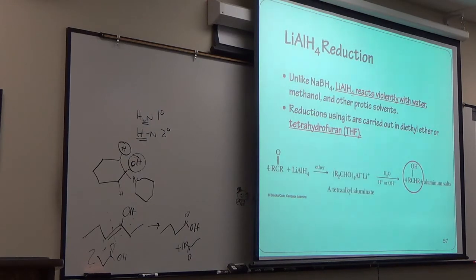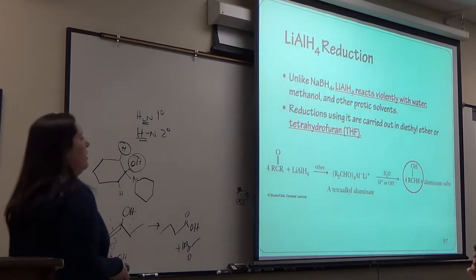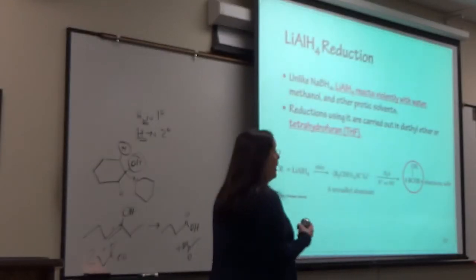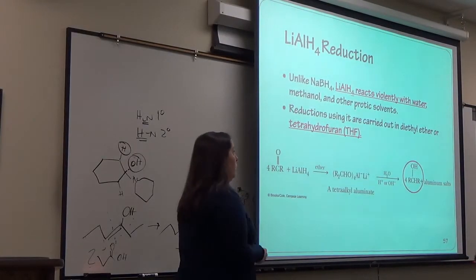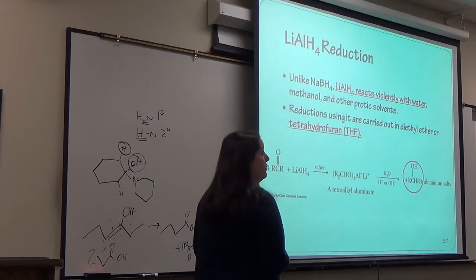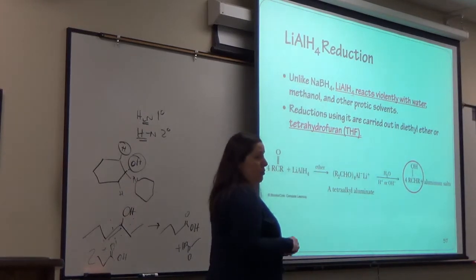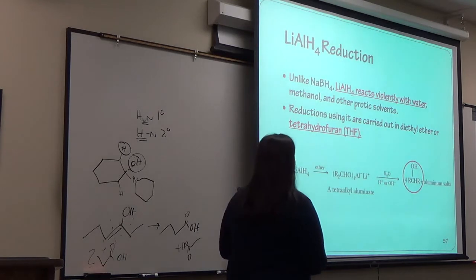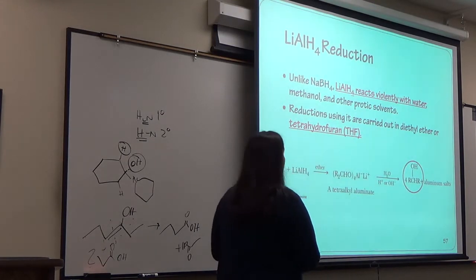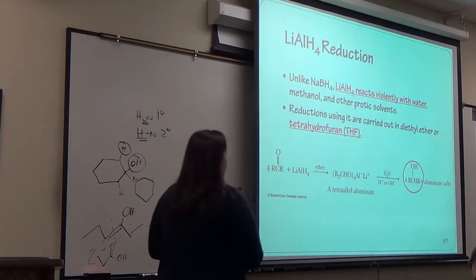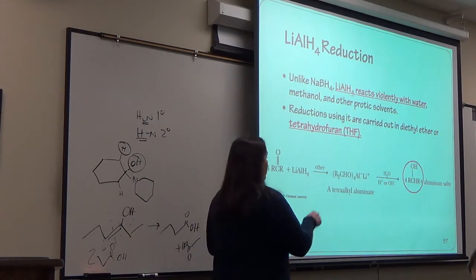Now what about the lithium aluminum tetrahydride? This is very reactive with water or any protic solvent, polar protic solvent. So what we have to do is use ether as a solvent. Ether is aprotic, so it's not going to cause a reaction with the lithium aluminum tetrahydride. So that's really the only difference.